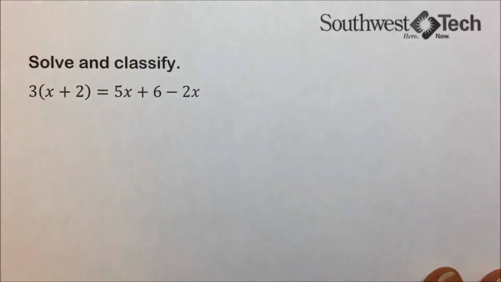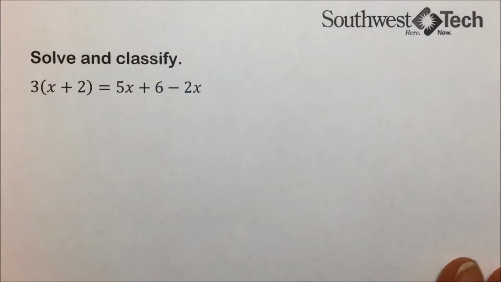We have some examples here where they're asking us to solve the equation and then classify it. Most of the equations in your study of algebra are conditional equations, where we come up with a unique solution. Let's take a look at these.